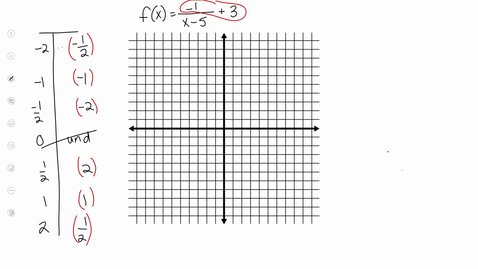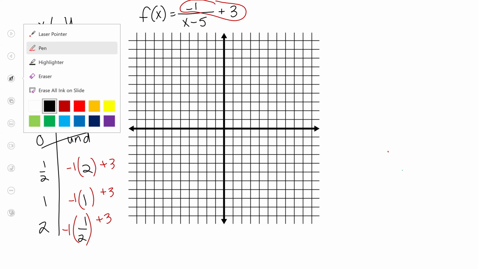So this will be negative 1. We're multiplying all of these by your a value. Next, it went up 3. So I'm going to add 3. So those all affect my y values. This is the y side of the table.